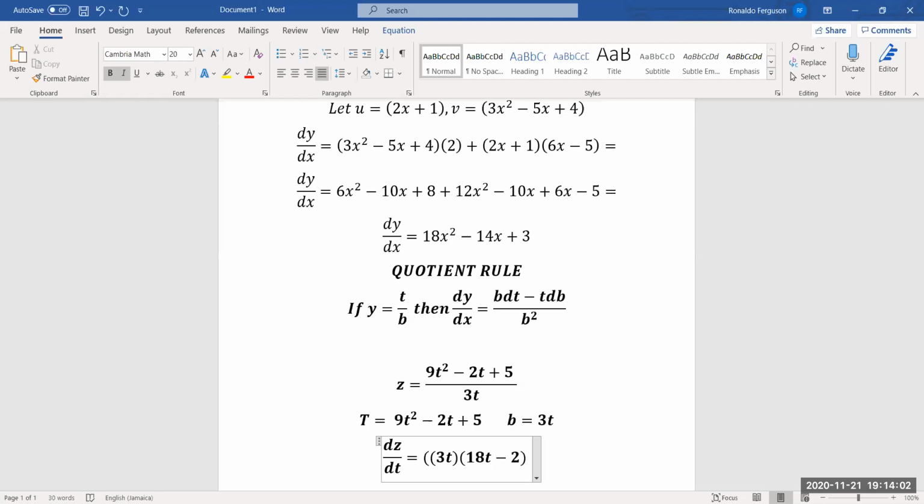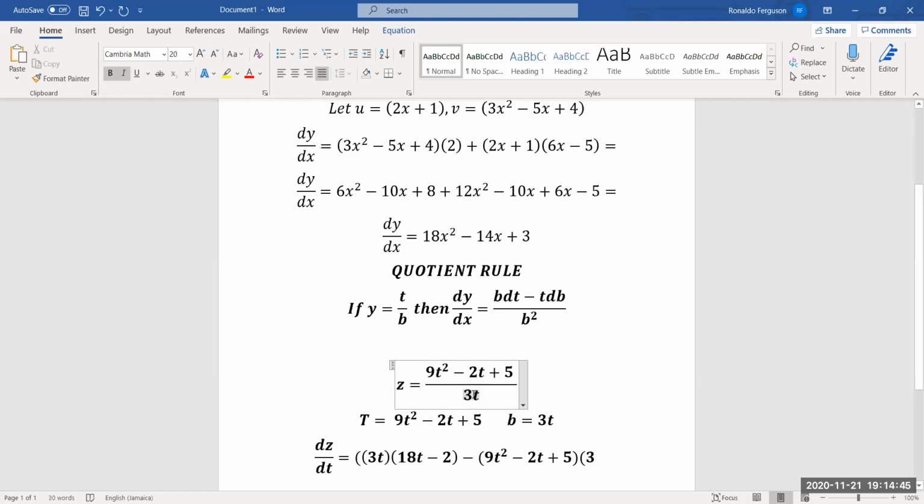And then minus the top. Put a bracket: 9t squared minus 2t plus 5, times the differential of the bottom. And what's the differential of the bottom?